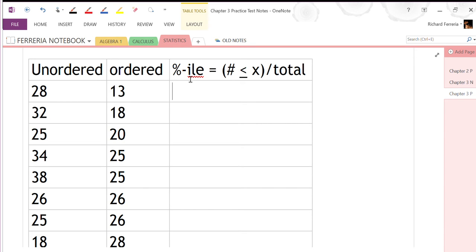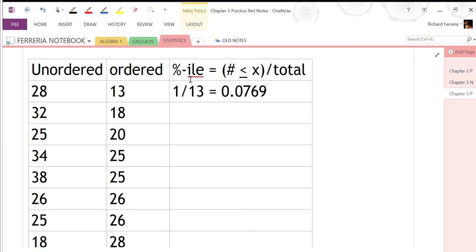So how many of the measurements are less than or equal to 13? Just one, right? How many numbers are on the list? There are 13 numbers. So 1 out of 13, that's 0.0769, so the 8th percentile.